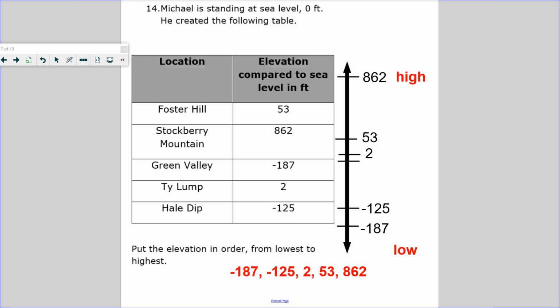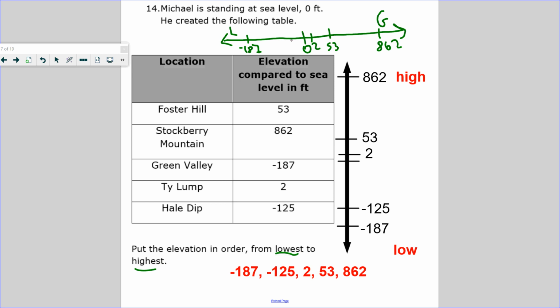14. Put the elevation in order from lowest to highest. So number lines can be horizontal, such as this, or they can be vertical, such as this. If I was going to do a horizontal, these are the least, these are the greatest. So 53 will be on positive, 862 will be on a positive, negative 187 will be negative, 253 would be positive, and negative 125.